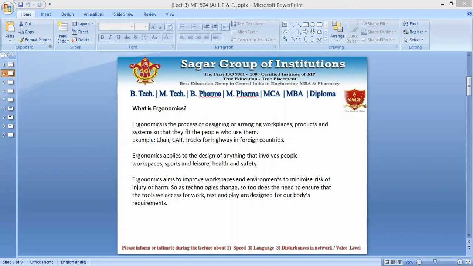Now ergonomics is a process. How is it a process? It is a process of analyzing many things. Which are the many things? First of all, the ergonomics process includes assessing risk. Now we need to reduce the risk. First of all, what type of risk?